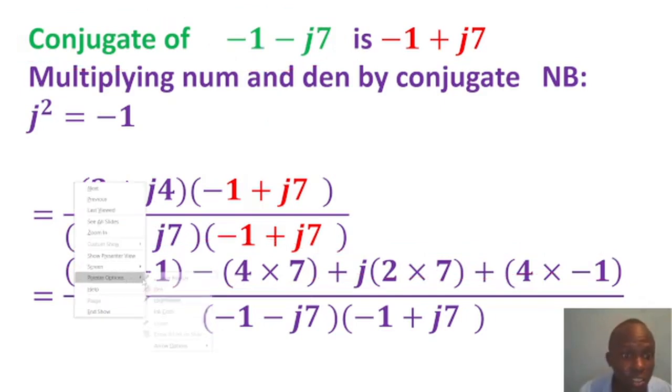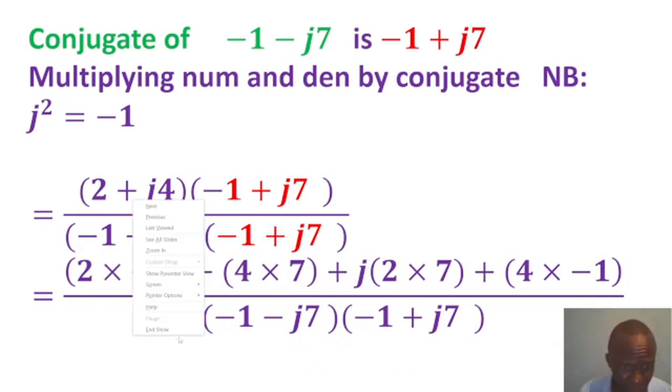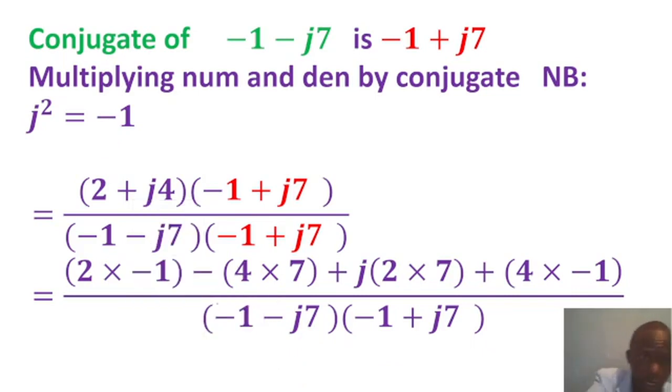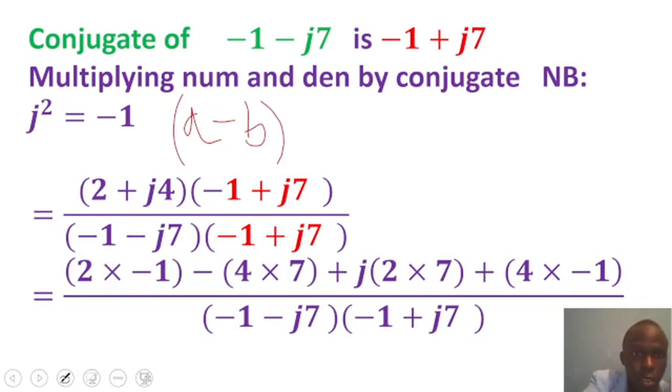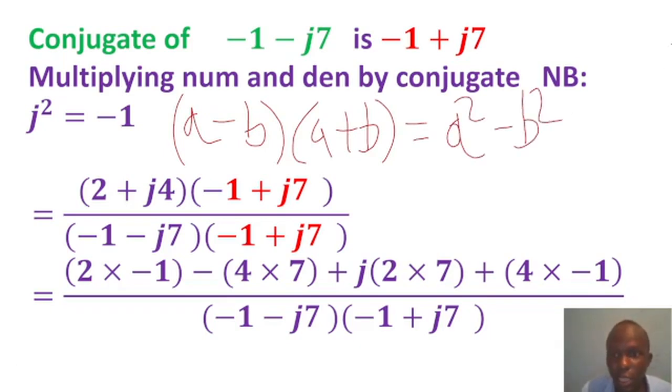And then still again, looking at j squared is equal to -1. This is going to be applied here, and maybe we can remind ourselves about quadratic identities. So quadratic identities: a minus b, a plus b is equal to a squared minus b squared. That is the analogy that is being used here.